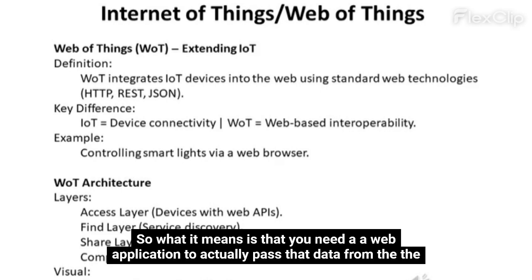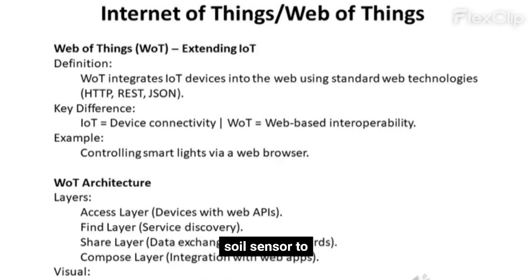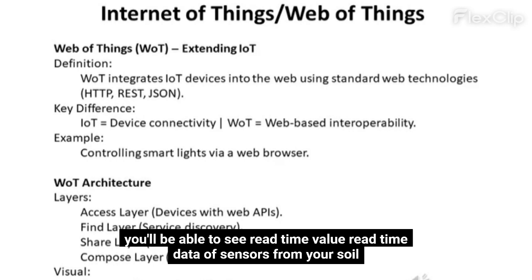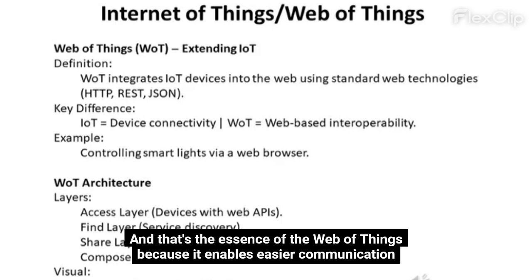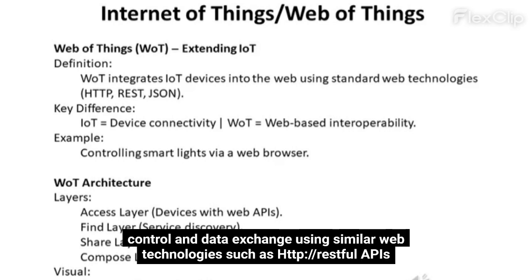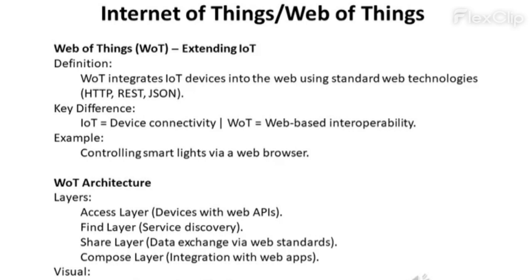So what it means is that you need a web application to pass that data from the soil sensor to your phone. With your phone, you'll be able to see real-time data of the sensors in your soil. And that's the essence of the Web of Things, because it enables easier communication, control, and data exchange using web technologies such as HTTP, RESTful APIs, WebSockets, and JSON.